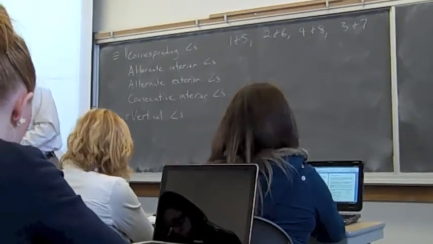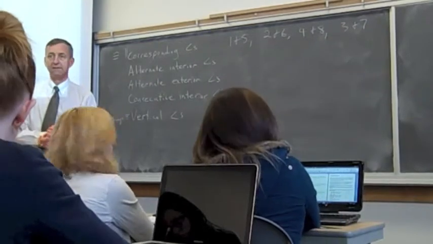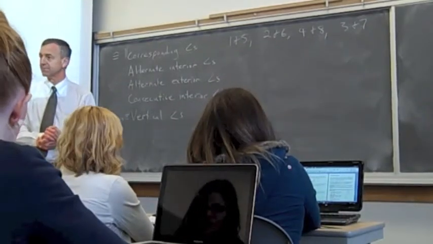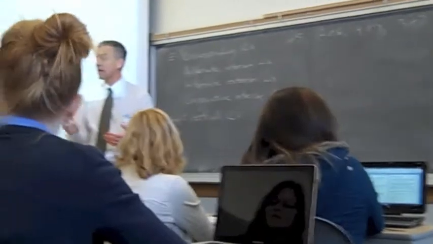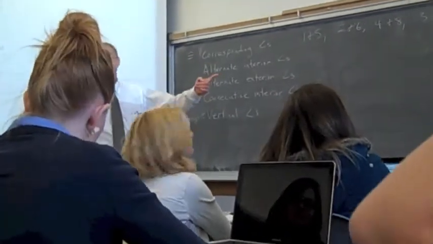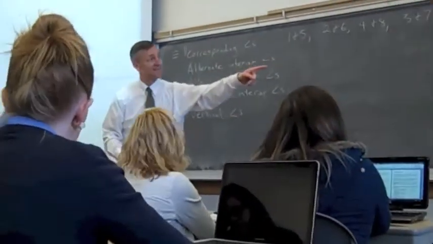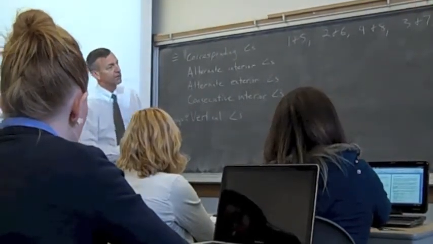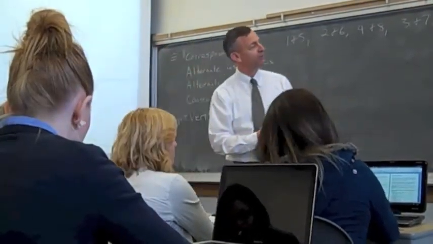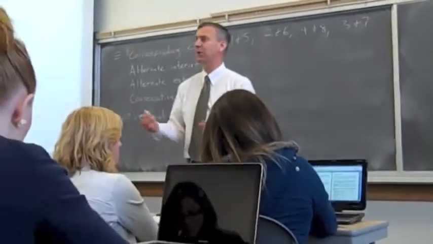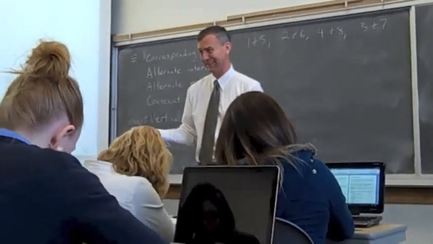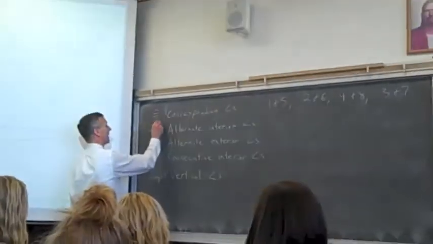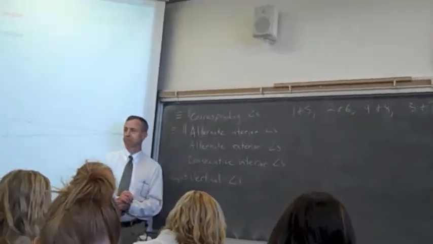Are they the same size? Yes, but it's because the lines are parallel. This one wouldn't be, that 3 and that 6 wouldn't be, you're saying. Okay? And you can tell because one's obtuse and one's acute. And how could an obtuse be equal to an acute, right? So these are congruent when the lines are parallel.